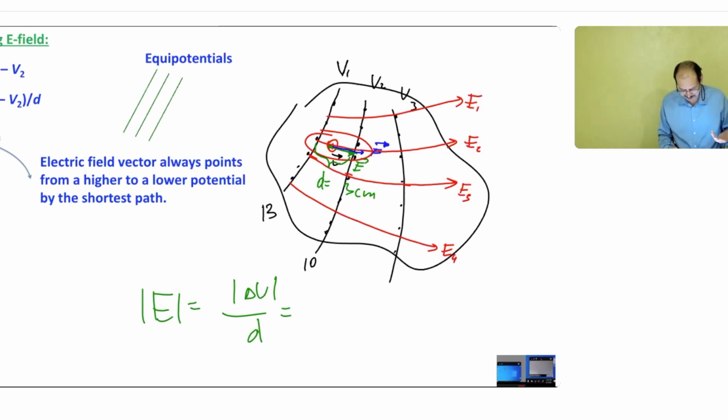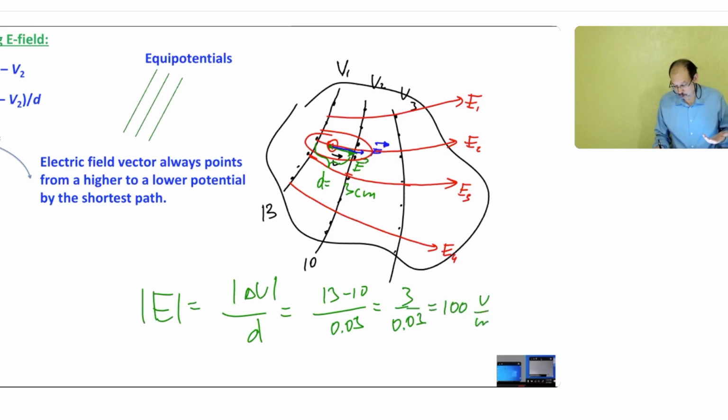In our case, that is 13 minus 10 divided by 0.03 meters, which makes it 100 volts over a meter, or 100 newtons over a coulomb.